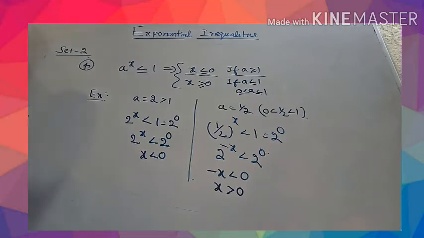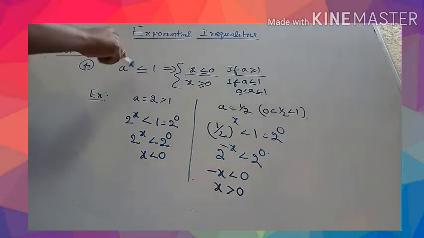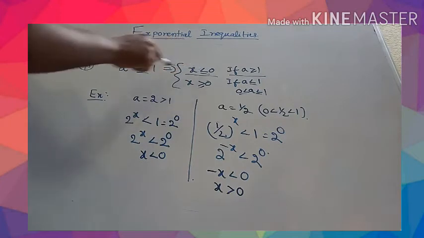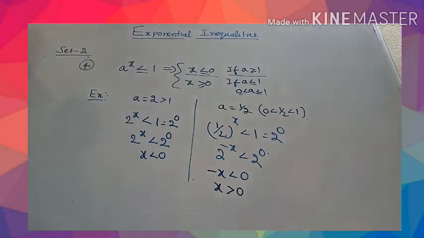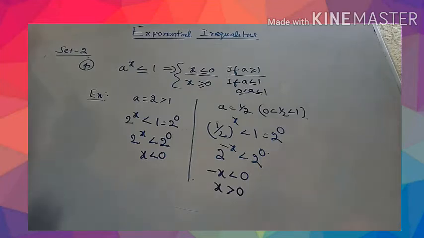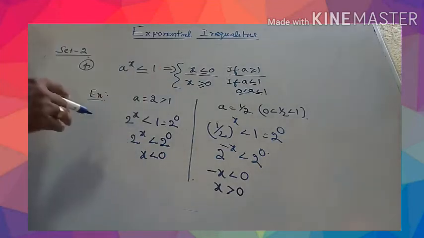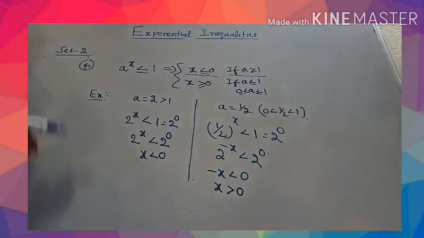When you have equality, when x is equal to 0, you will be getting it as 1, right? Fine. Similarly, when a is 1, you will be having that as 1. In this way, you will be having this set of inequality results, right?